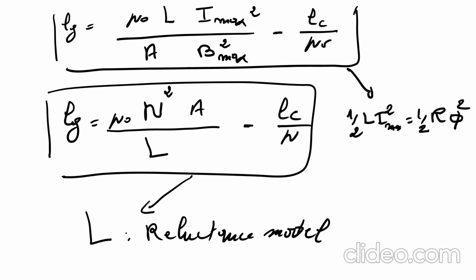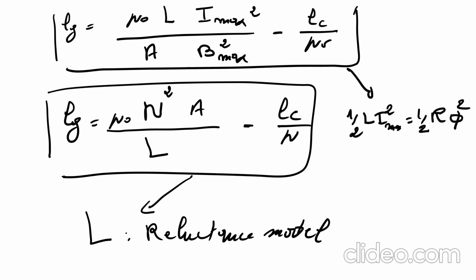The air gap is proportional to the inductance, and inversely proportional to the cross section. Minus the second term, which is the ratio between the magnetic core length and the relative permeability of your magnetic material. This can be neglected if the relative permeability is very high, and that's the case for the ferrite material. But for other materials, you need to consider this term.